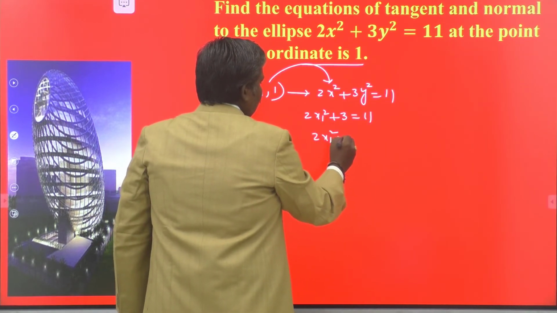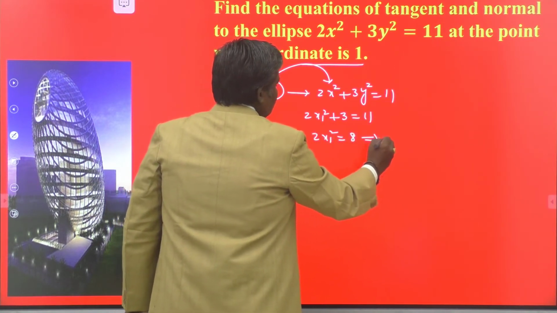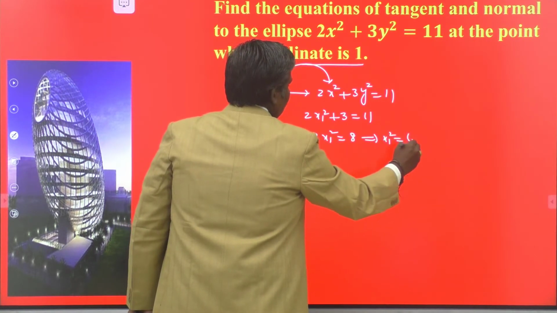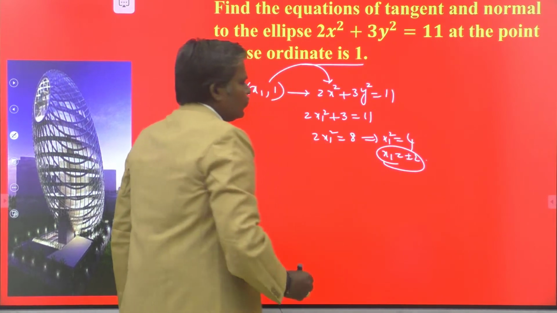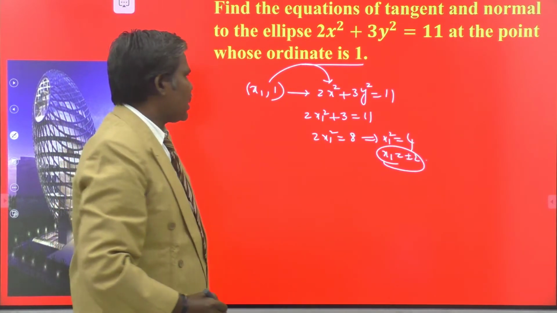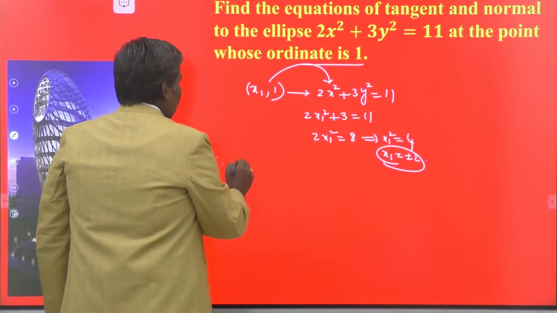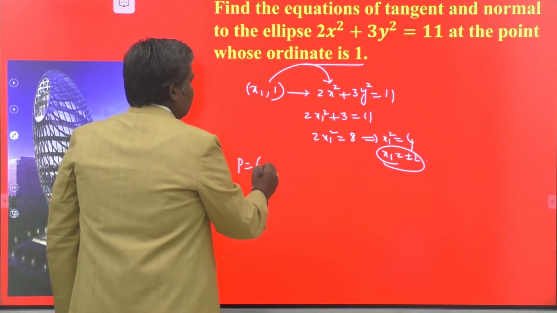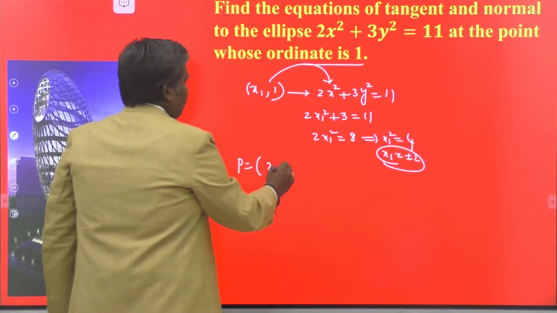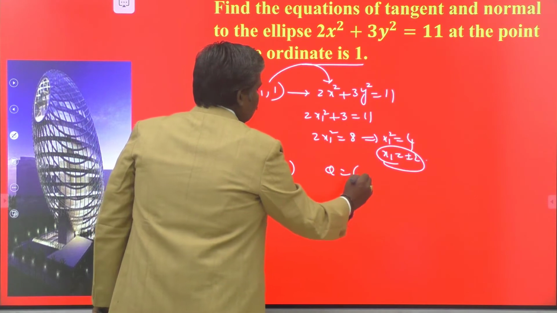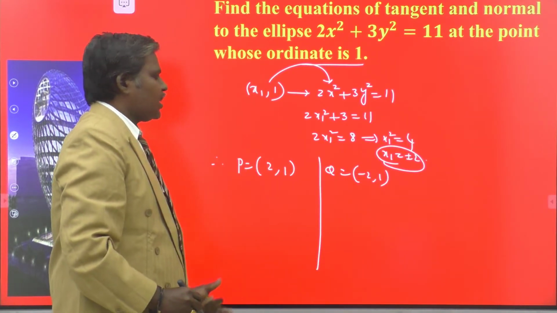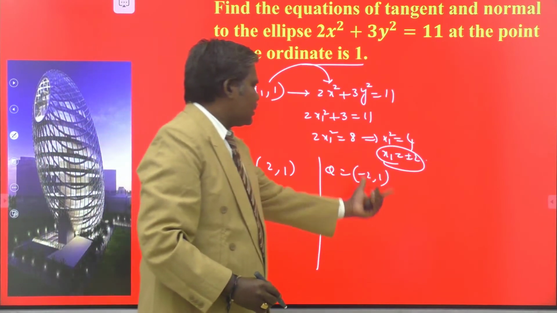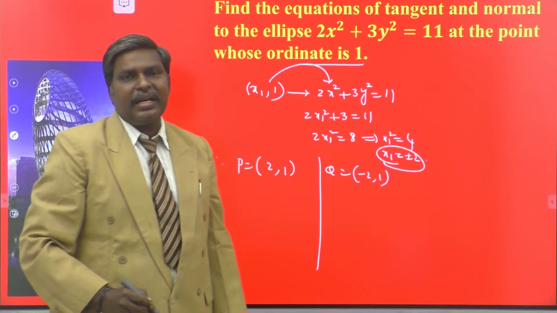So 2x1 square is 8, x1 square is equal to 4, x1 equal to plus or minus 2. So what are the required points? Point P is 2 comma 1 and Q is minus 2 comma 1. At this point we can write the tangent and normal, and at this point also we can write the tangent and normal.